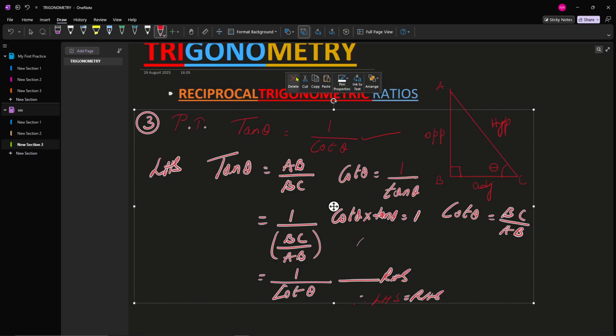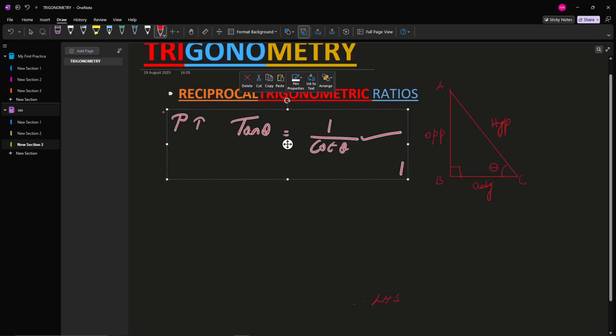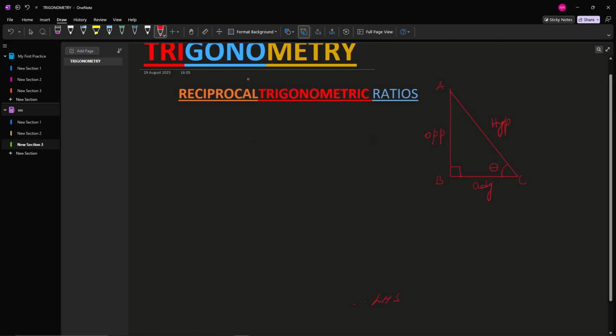Two of them. One is tan theta equals sin theta divided by cos theta. So we prove the fourth formula, which is to prove that tan theta is equal to sin theta divided by cos theta, right?